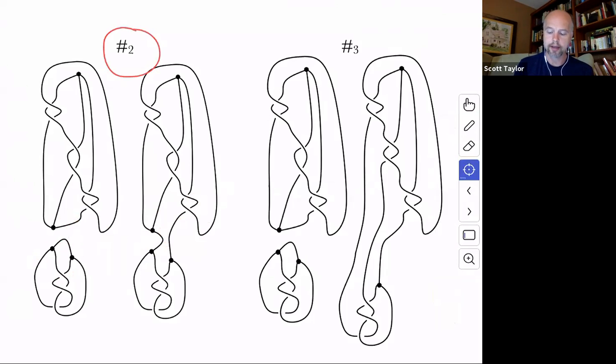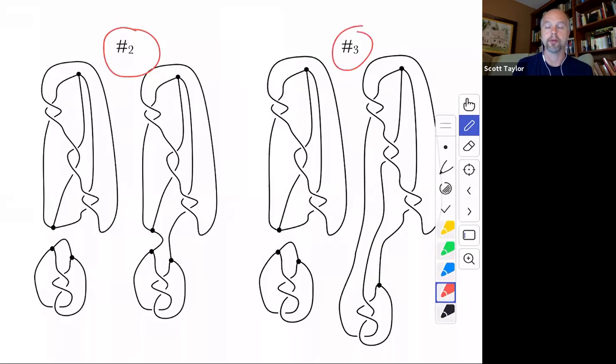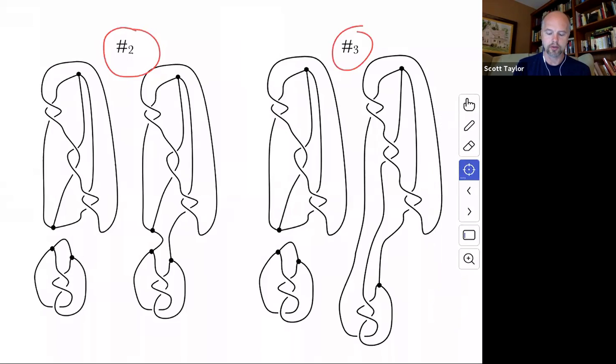We also have this other operation of vertex sum. And you can do this with higher degree vertices as well, but that sum becomes very badly behaved. Under trivalent vertex sum, it's actually pretty well behaved. And the way that works is you take a degree 3 vertex in each of your graphs, and you delete the vertex and merge the edges together.